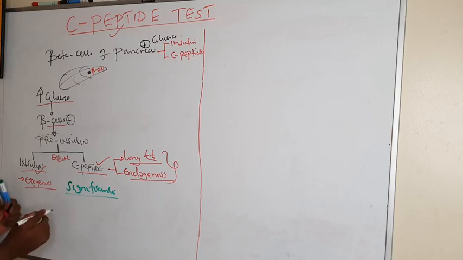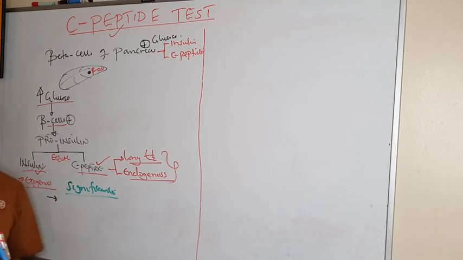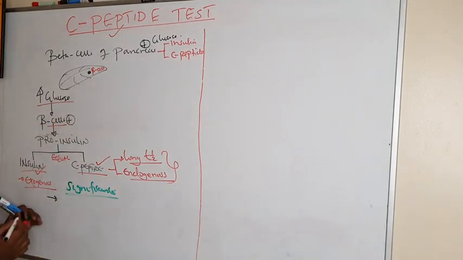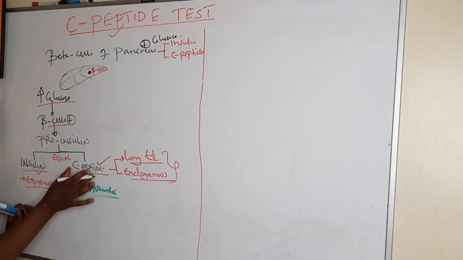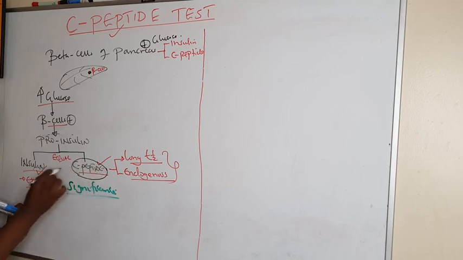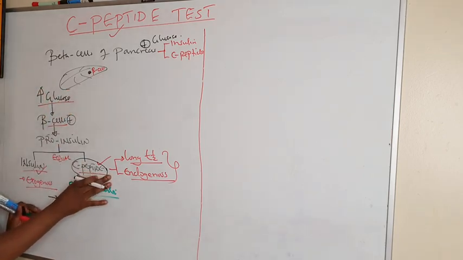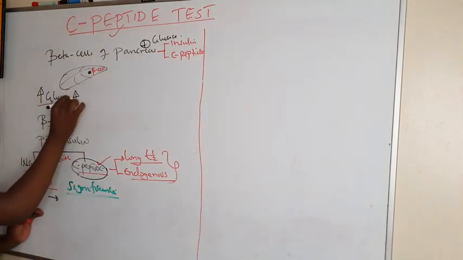One of the indications of this test is that we are able to predict the risk of developing type 2 diabetes. As we have seen, insulin and C-peptide are not just produced by the body, they are produced in response to glucose. So if I do a C-peptide assay and find C-peptide is high, it tells me that glucose is also getting high.